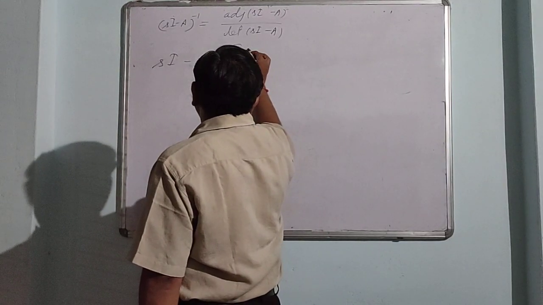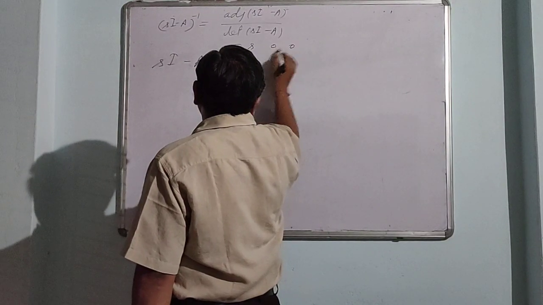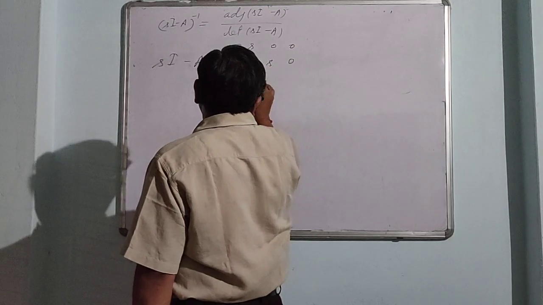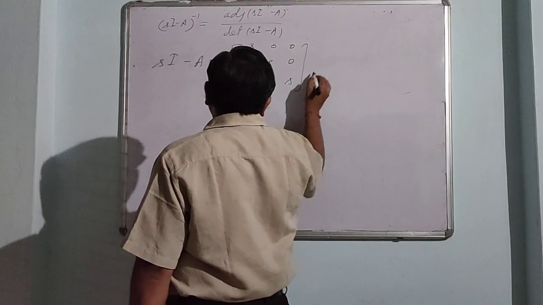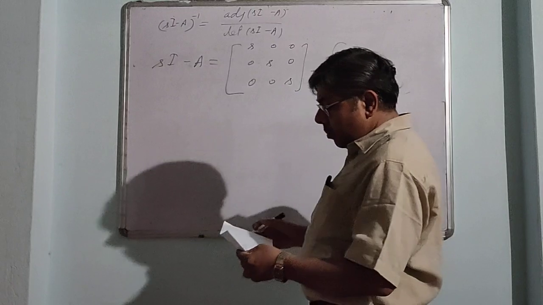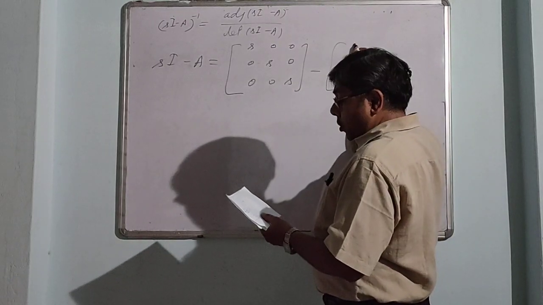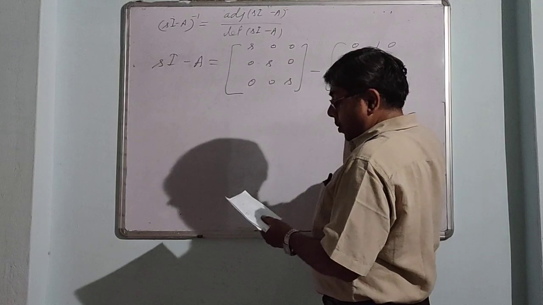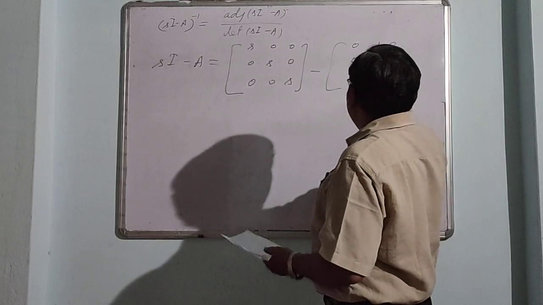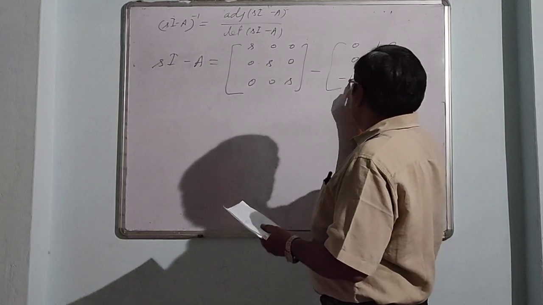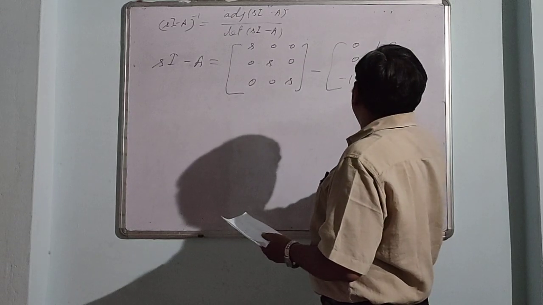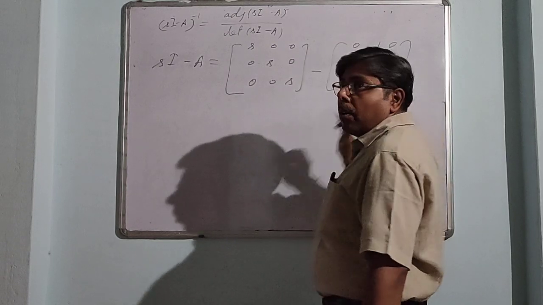This is the S times 0, 0, 0, and A is given: 0, 1, 0, 0, 0, 1, minus 1, minus 2, minus 3.